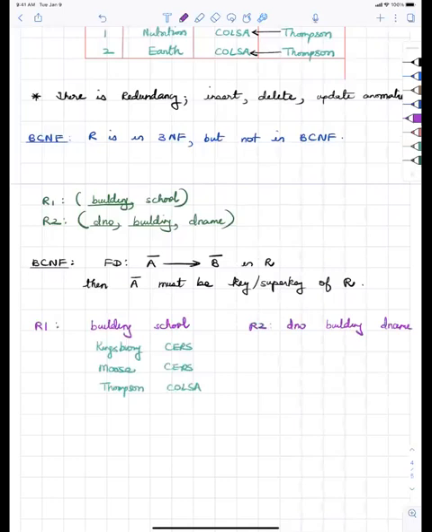So you have Kingsbury, Morse, Kingsbury, Thompson, and then you have D name, which is CS.